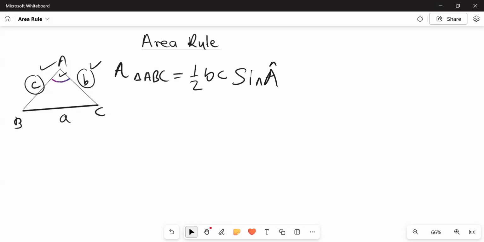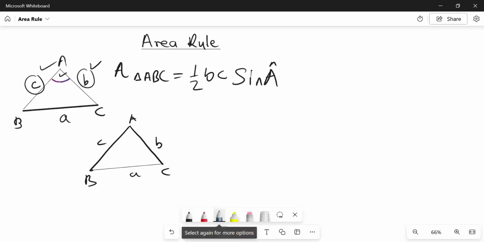That's the first situation, right? Second one, a situation whereby now the included angle now is our B. Again, we call this an included angle because obviously now we have that angle B between c and a.